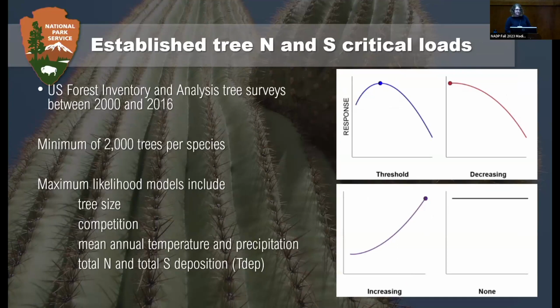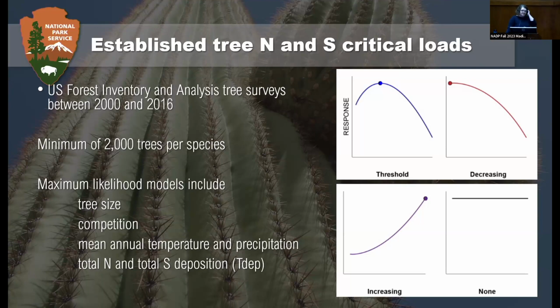If you're not familiar with the Horn et al. paper, it used the Forest Service Forest Inventory and Analysis tree surveys conducted between 2000 and 2016. The initial analysis used species that were widely distributed that had at least 2,000 trees per species.